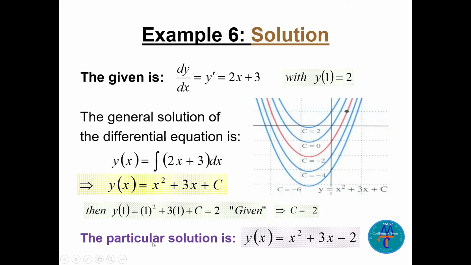So this is the particular solution, the special solution for this condition. Every time we have a different condition, we will have a different answer. So this answer here for this initial condition, so y of x will be x squared plus 3x minus 2.